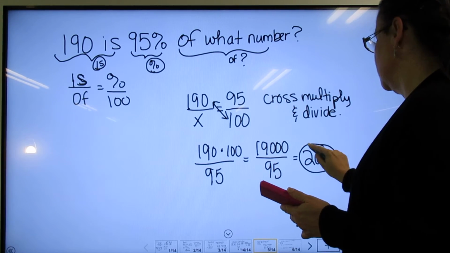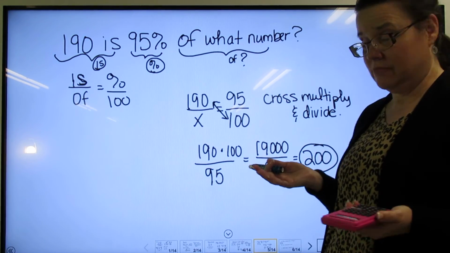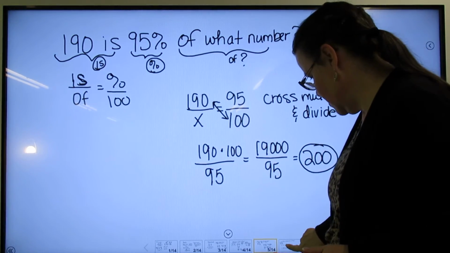And that answer would be 200. So 190 is 95% of 200. Not too bad. Not too shabby.